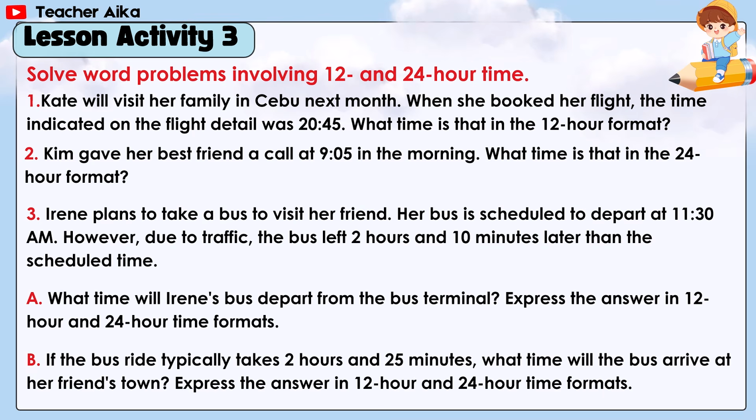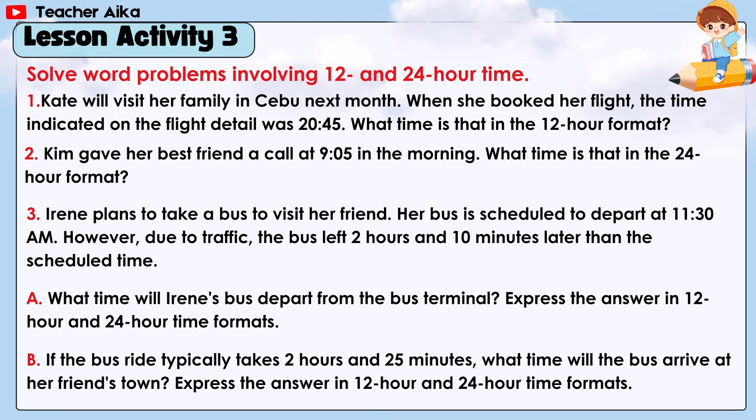Number 3. Irene plans to take a bus to visit her friend. Her bus is scheduled to depart at 11:30 a.m. However, due to traffic, the bus left 2 hours and 10 minutes later than the scheduled time. A. What time will Irene's bus depart from the bus terminal?